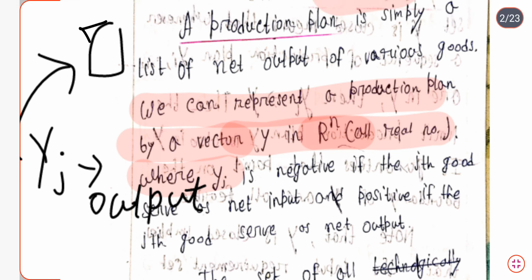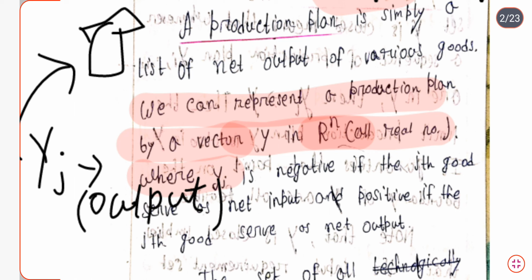If it goes back to the farm again, then this jth good is serving as input. But if the price of the jth good is not put back into the production process again, then it will serve as output.